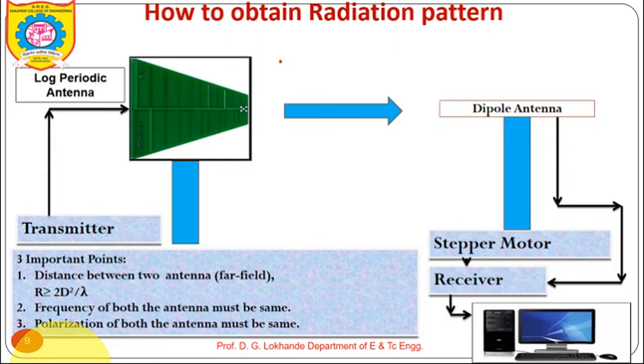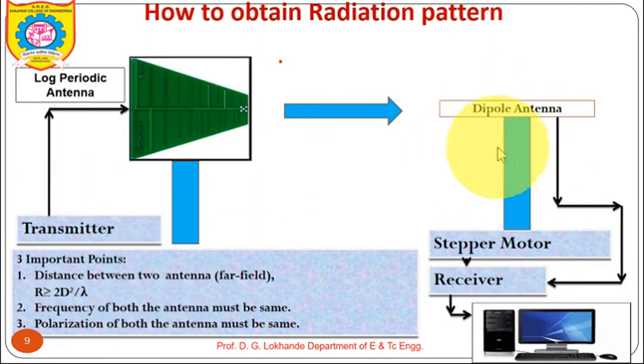Here the transmitter supplies the power or energy to the log periodic antenna, where the electric signal is fed, and the log periodic antenna converts it into electromagnetic waves. These electromagnetic waves radiate through the free space medium and are received at the reception point, where the antenna is located as a dipole antenna.